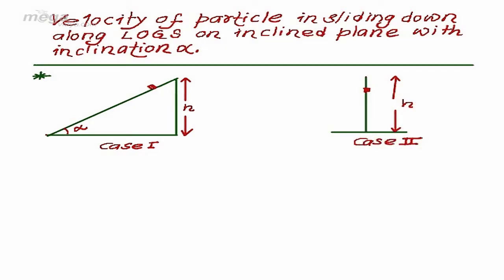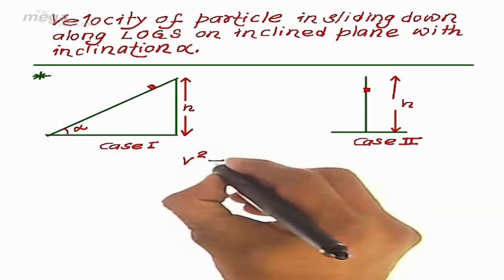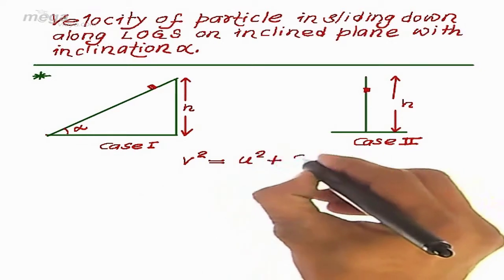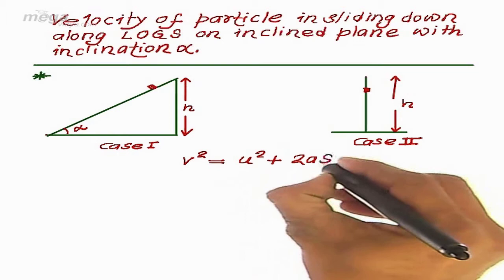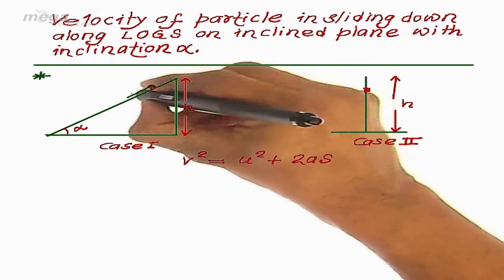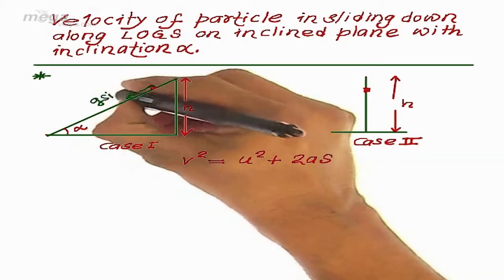You all must know the third equation of kinematics, which is v square equal to u square plus twice as. If we talk about case 1, where a particle is sliding downward, we know that down the incline the acceleration of this particle is g sine alpha.